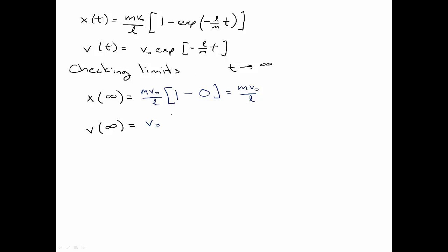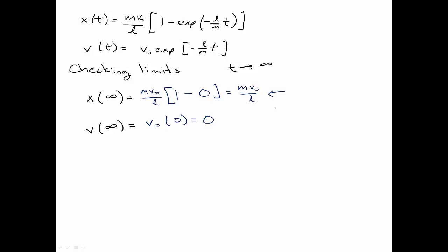This is a negative exponential that goes to 0. So this tells us velocity is going to 0. That means eventually the object stops moving. And x as a function of infinity tells you that it goes a total distance of mv naught over L before it stops.